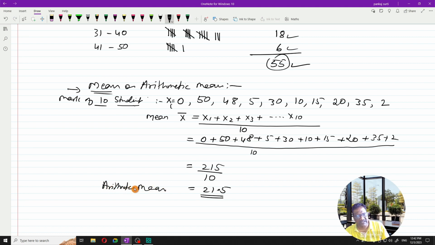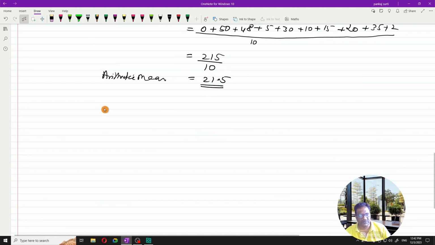So this is how you are supposed to find the arithmetic mean if the data does not have any frequency involved. But suppose you have data where x is the variate, with values x1, x2, dot dot dot, up to xn, and you also have the corresponding frequencies. For x1 the frequency is f1, for x2 the frequency is f2, and that way you have the frequencies for each variate. Then to find the arithmetic mean, you first multiply these two columns, f and x.